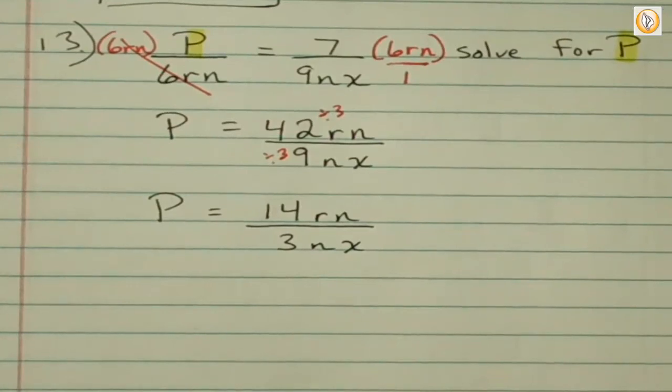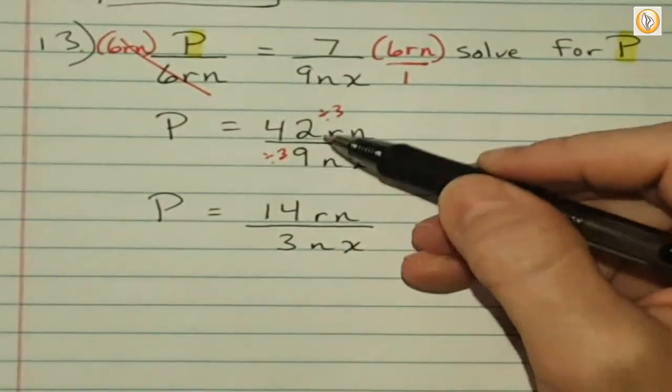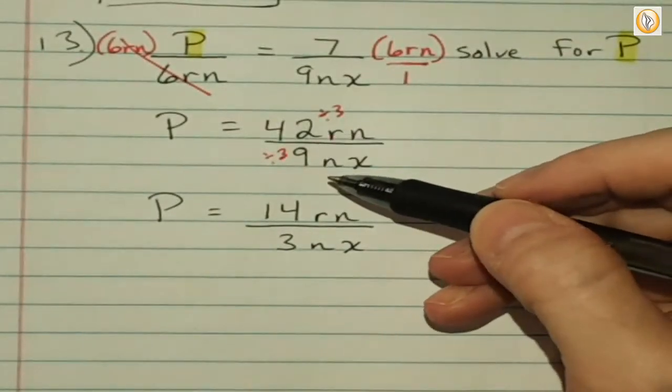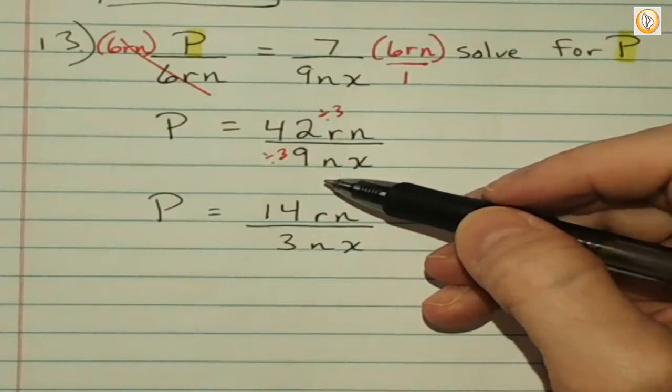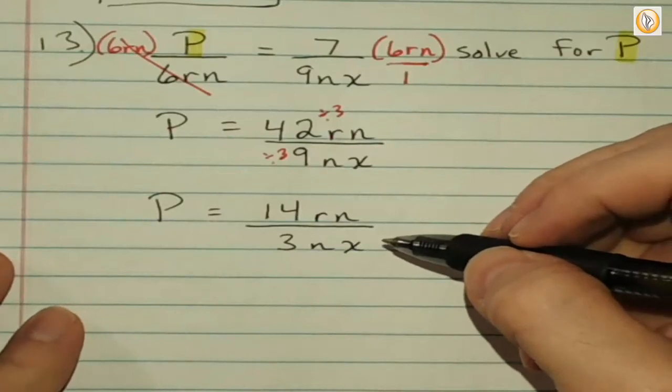Now, if you do not simplify your numbers, I will count it wrong. If you were to give me this, I would accept that.